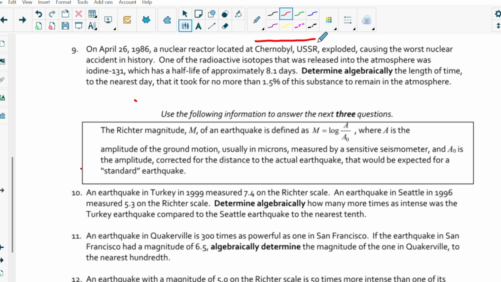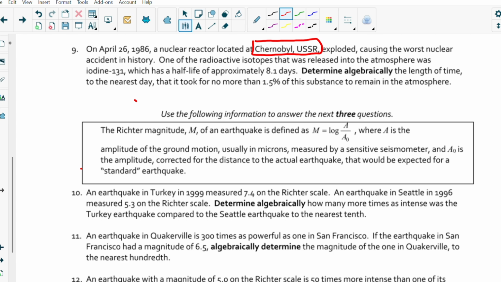This actually happened where Ukraine is; it's a town in Ukraine. One of the radioactive isotopes released into the atmosphere was iodine 131, which has a half-life of approximately 8.1 days. Determine algebraically the length of time to the nearest day that it took for no more than 1.5% of the substance to remain in the atmosphere.